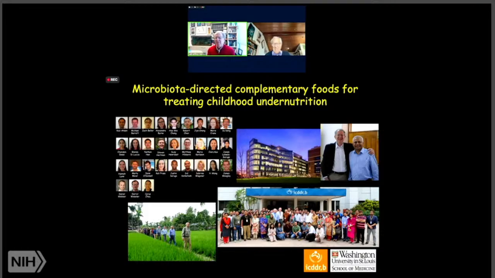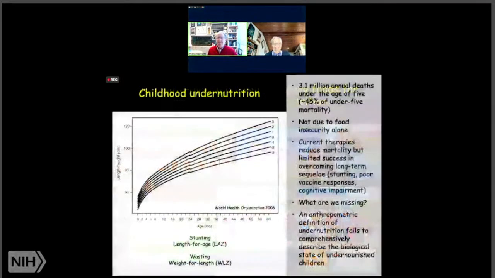It's work directed at the development of complementary foods for treating childhood undernutrition. Now, this is a pressing, vexing, and deeply troubling global health challenge made worse by the current pandemic.